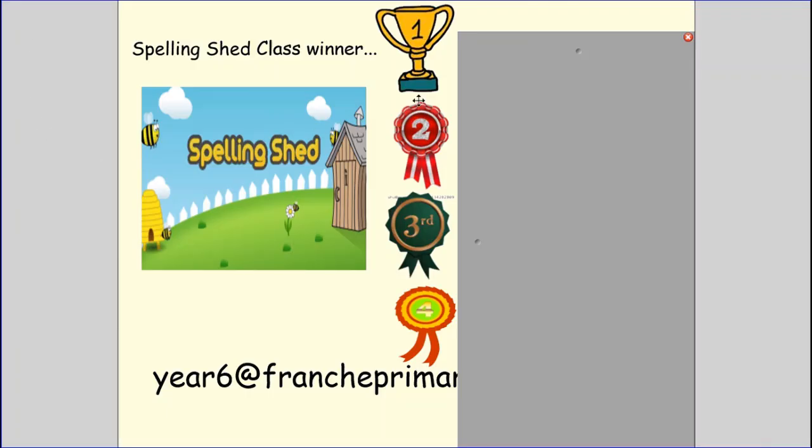And then finally, we're going to focus on the Spelling Shed class winners today. So which class has got the most points in your Spelling Shed practice this week. So in first place, we've got 6G, well done 6G, with 60,601,143.